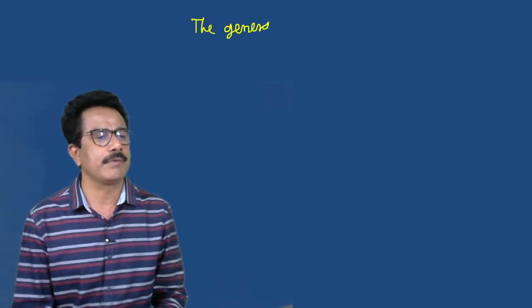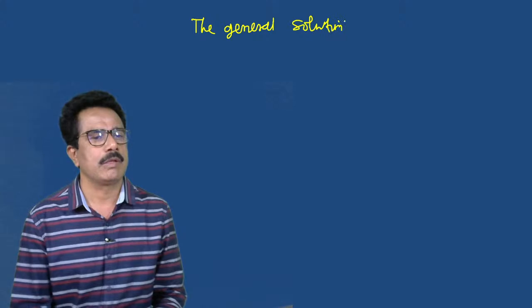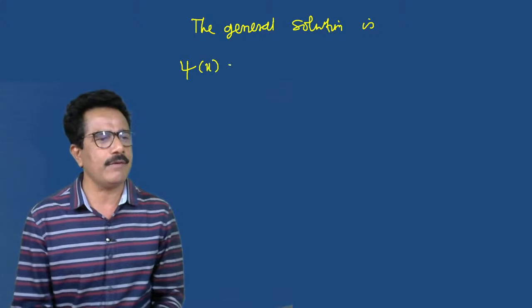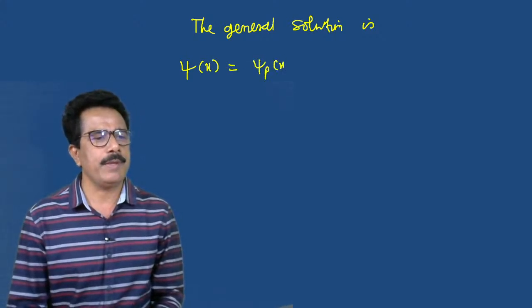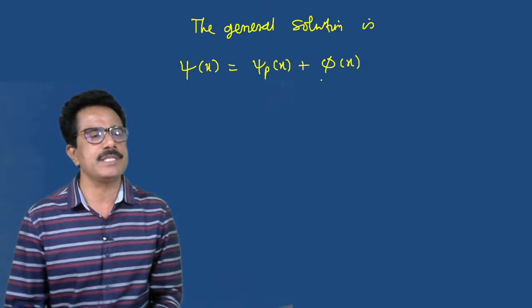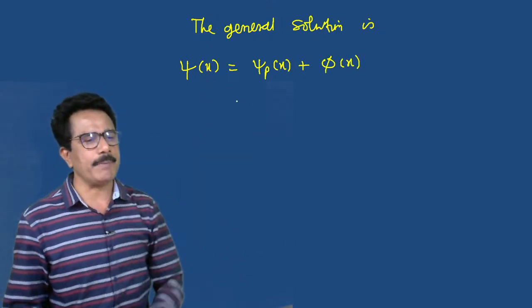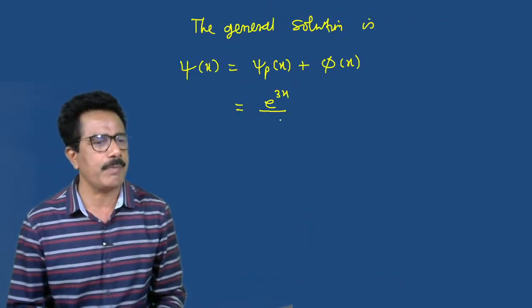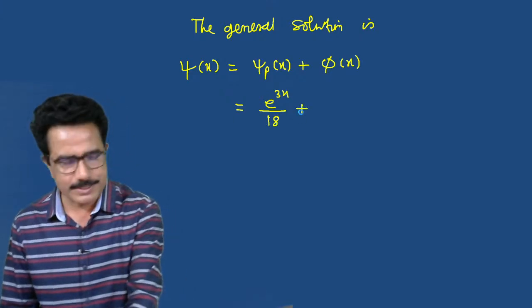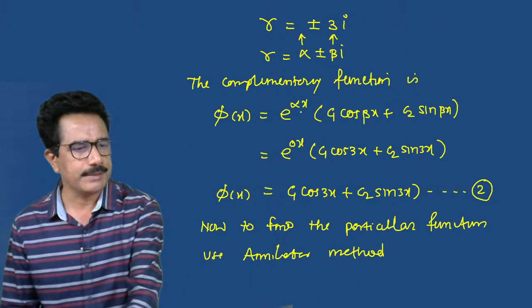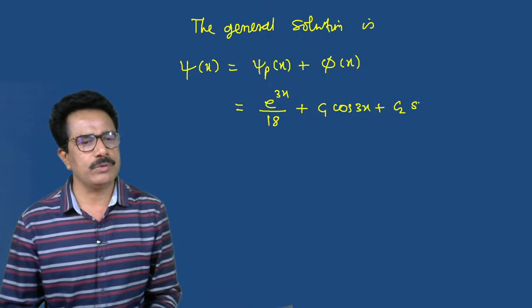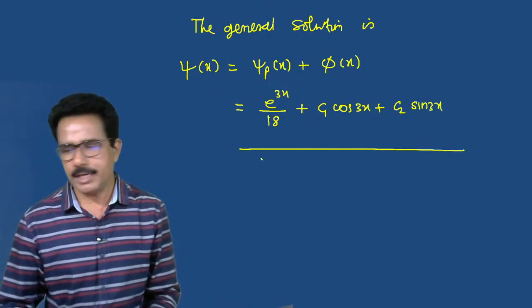Therefore the general solution is, for any non-homogeneous differential equation, psi of x is equal to psi p of x plus phi of x, meaning particular function plus complementary function. So e raised to 3x upon 18 plus c1 cos 3x plus c2 sin 3x. Okay, this is the general solution.